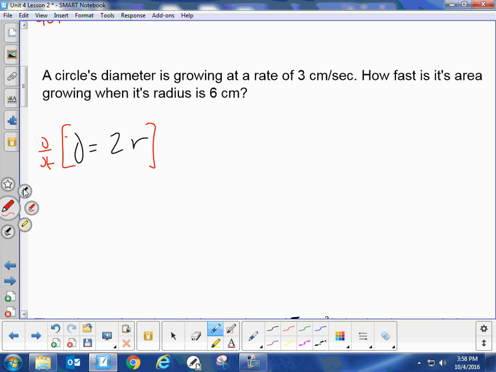That means that the change in my diameter, dD/dt, is equal to 2 dr/dt. So as the diameter is growing at 3 centimeters per second, the radius would be growing at half of that.